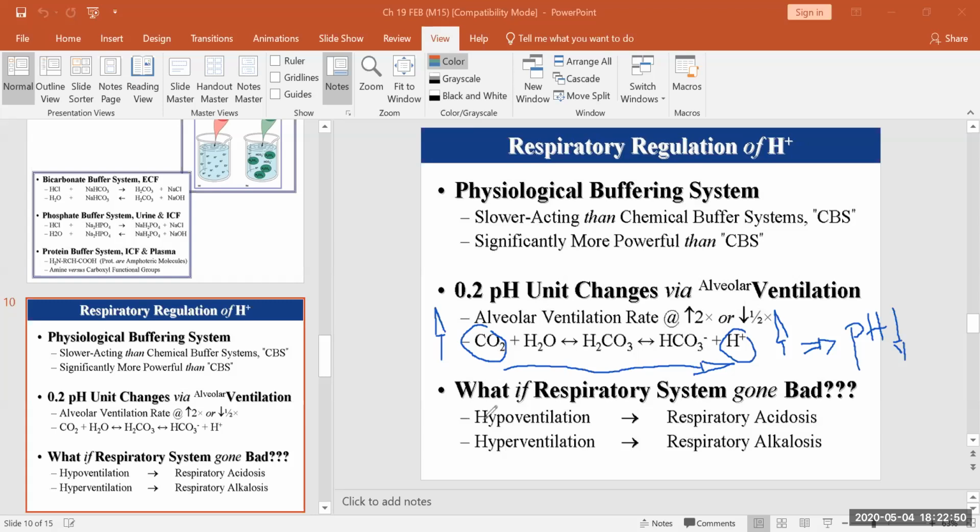That happens when you are hypoventilating, so you're not breathing properly. When you're not breathing properly, CO2 in your blood plasma increases, leading to an accumulation of free-floating protons. It will acidify your blood, and pH drops. We call that respiratory acidosis.